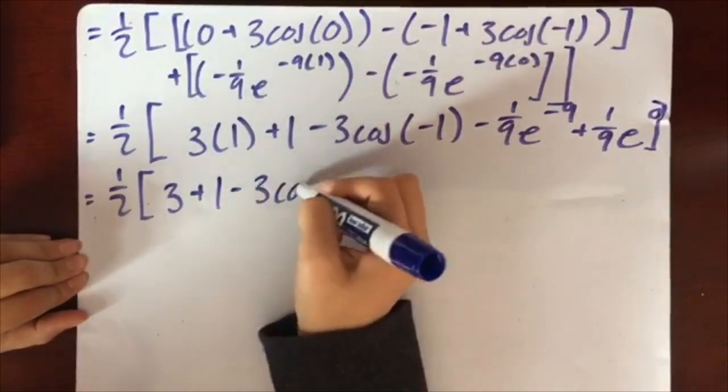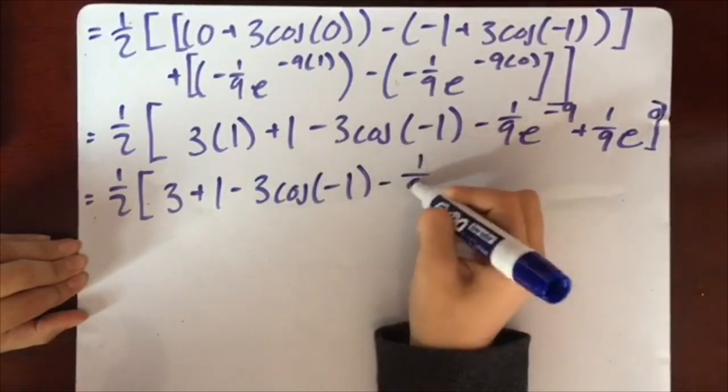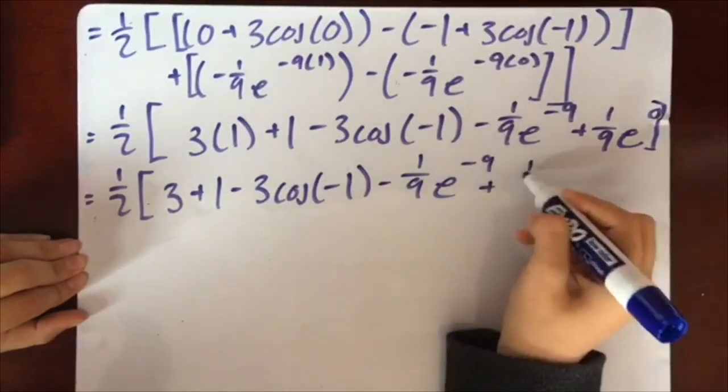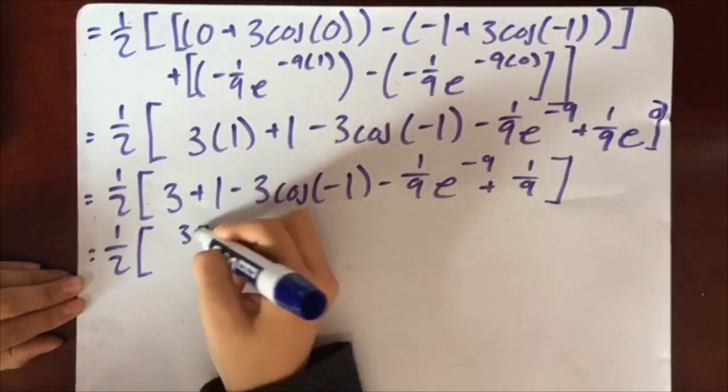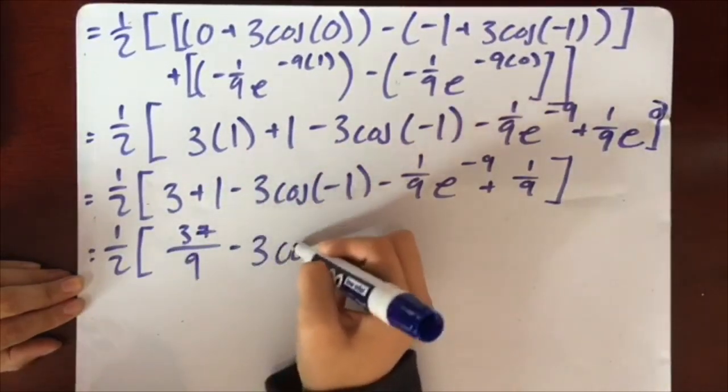After simplifying, it will be 1/2 times 3 plus 1 minus 3 times the cosine of -1 minus 1/9 times e to the negative 9 power plus 1/9.